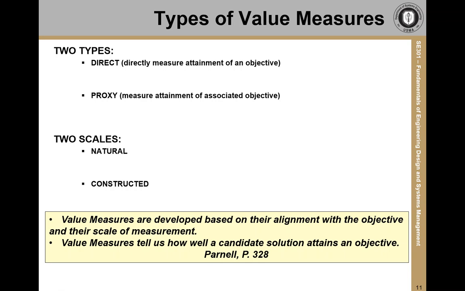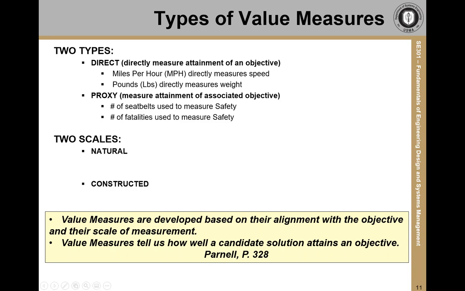A direct value measure is just as it says: you're directly measuring an objective. For example, if you're talking about speed and you want to maximize speed, you could use a value measure like miles per hour. That would be a direct measure of speed. If you're talking about weight, pounds or kilograms directly measures weight.